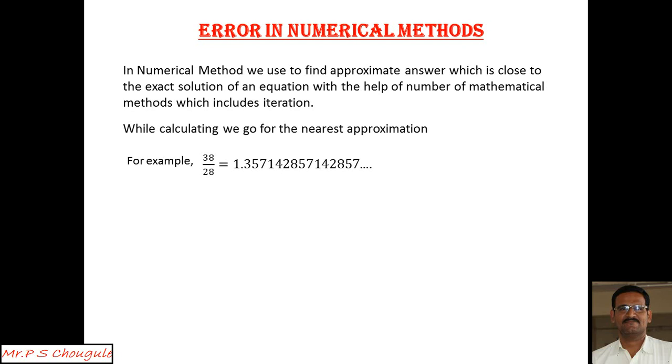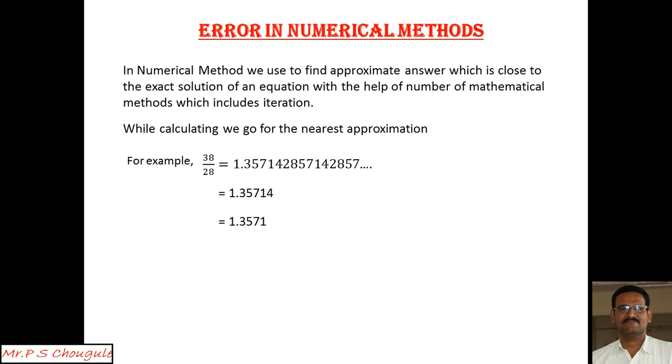We are not able to define this value exactly, so what we do is simply take the required digits. One may take 1.35714 and one may take 1.3571. Now both answers are approximate answers, not the exact solution.